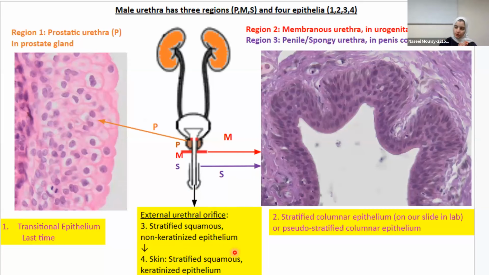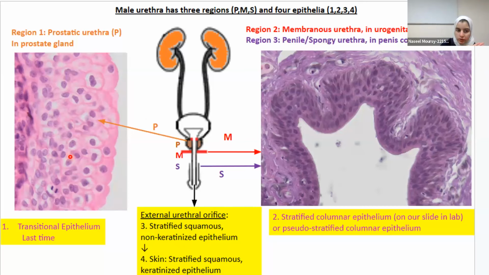Stratified squamous is like how the skin looks, with very thin layers put up against each other. This would be the part close to the orifice, but it's still not skin. Non-keratinized because it's not skin yet. It's still part of the urethra.